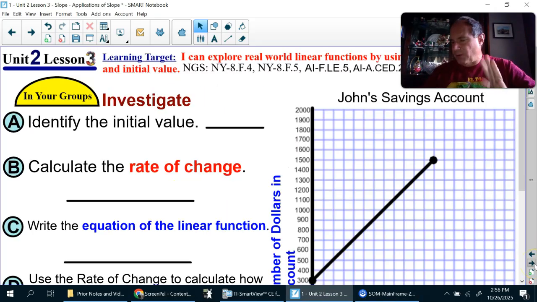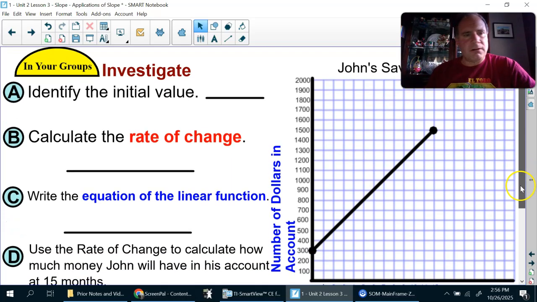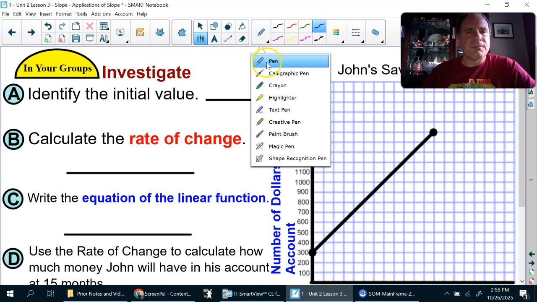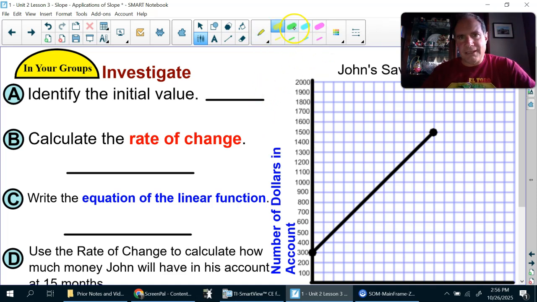All right. So we're into John's savings account, and we are going to identify the initial value. Remember what I told you before, the initial value is the y-intercept. So we're talking about the y-intercept right there.